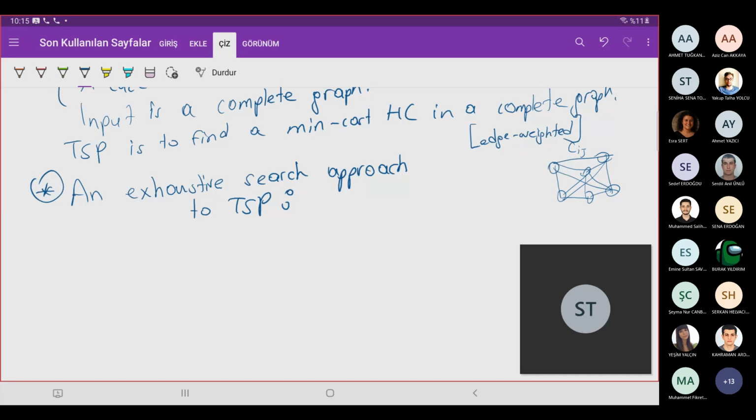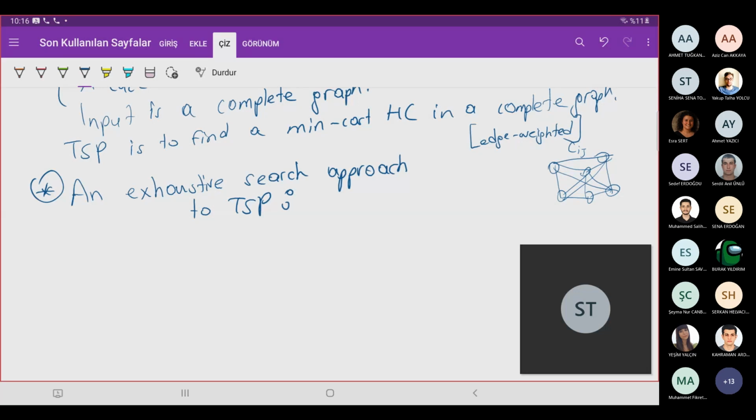So once I have all the cycles, then it's straightforward because I can simply compute them by summing up all of their edge costs, and finding the minimum is also easy, okay? The difficult part is to enumerate all of them. That would be the exhaustive search approach because I check each and every candidate solution. Candidate here meaning Hamiltonian cycles, okay? All of the different cycles that pass through all of these points.